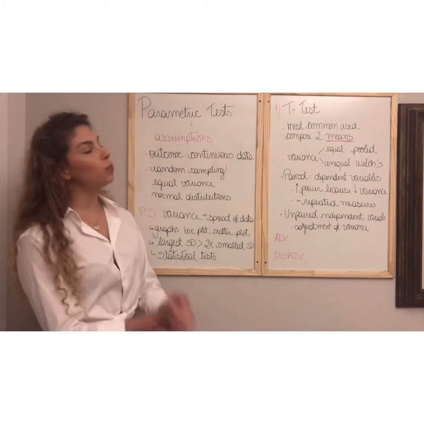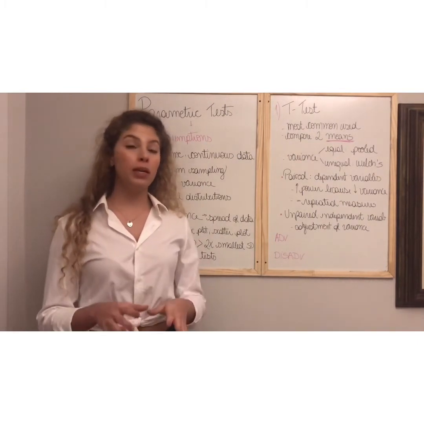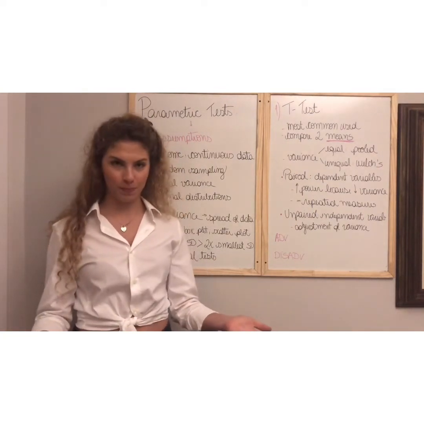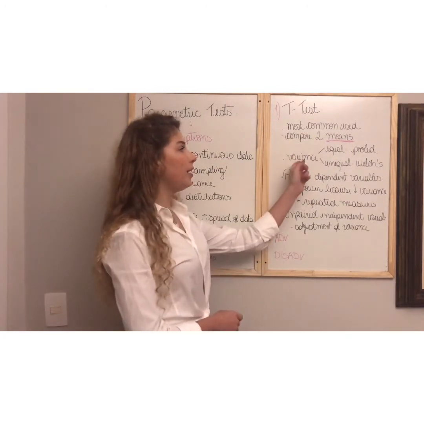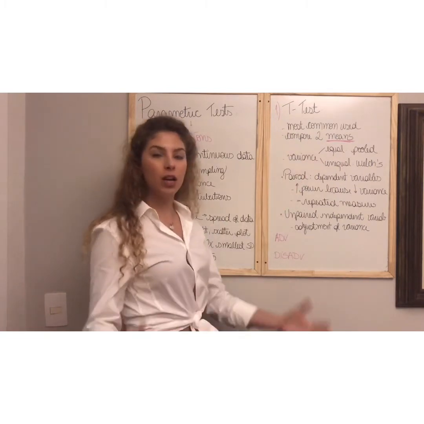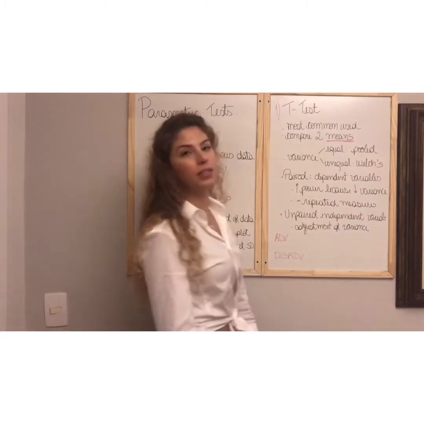Well, so what is a t-test? It compares two means. It compares the means of two groups. All right. Well, so here if we have two groups that vary equally among groups, then we can apply a pooled t-test.